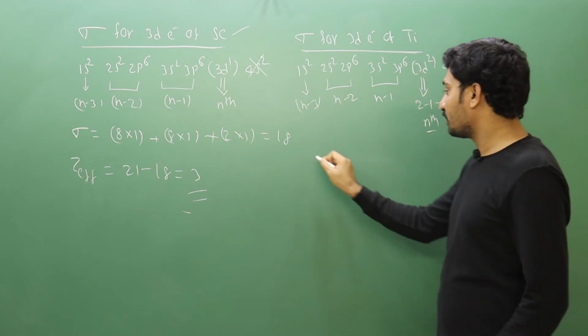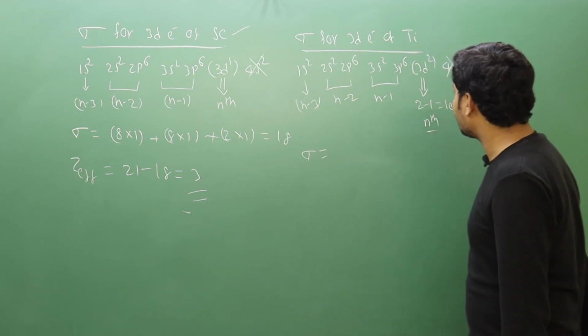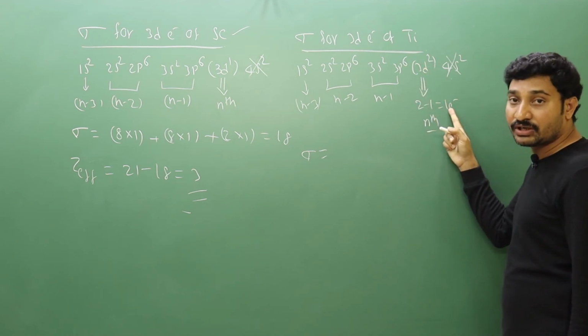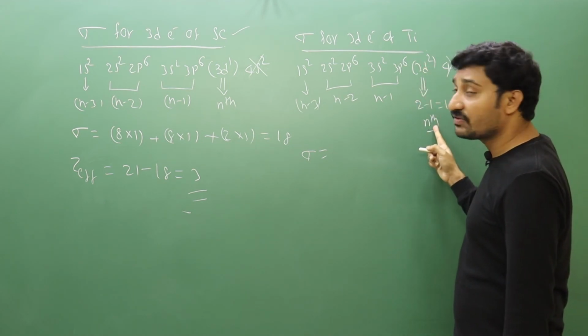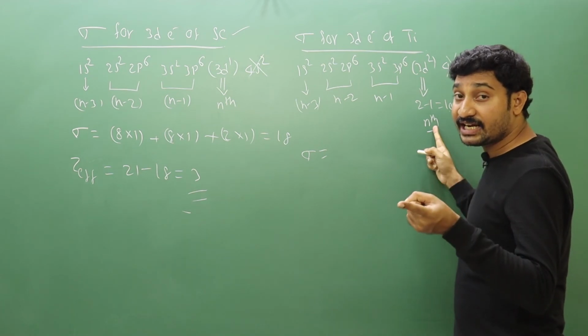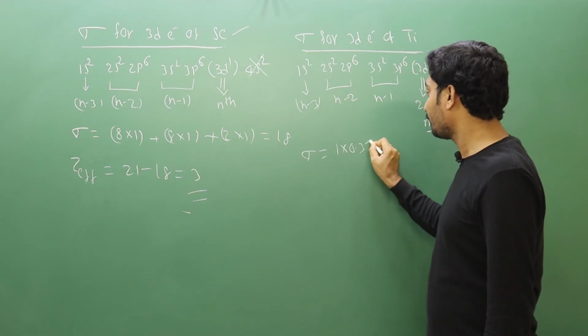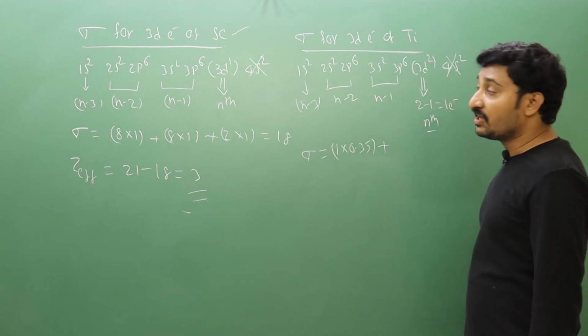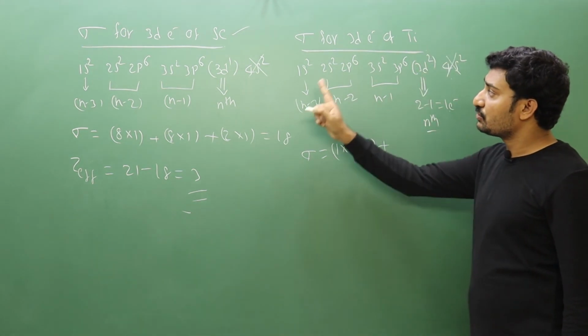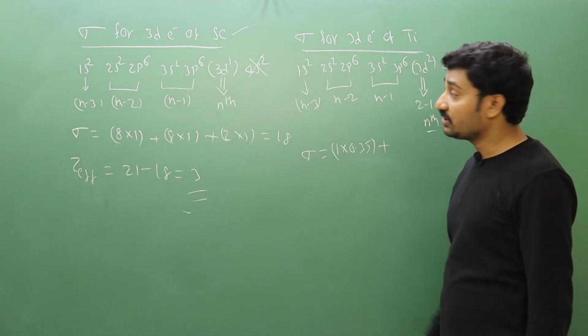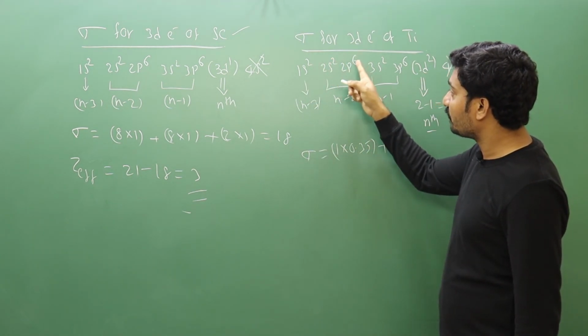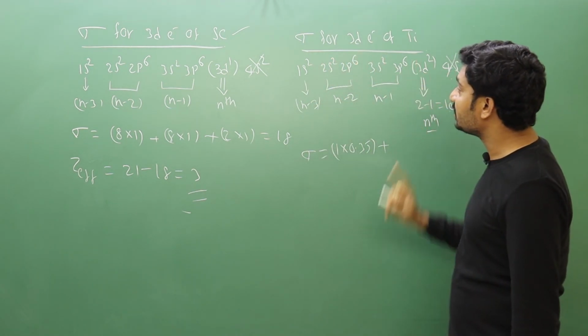Now sigma equals the nd electrons. How many electrons are there? 1 electron only, and for nd and nf electrons the value is 0.35. So 1 into 0.35, plus the remaining shells n minus 1, n minus 2, n minus 3, for which the value is 1. So 2, 2 plus 2 is 4, 4 plus 6 is 10, 10 plus 2 is 12, 12 plus 6 is 18.